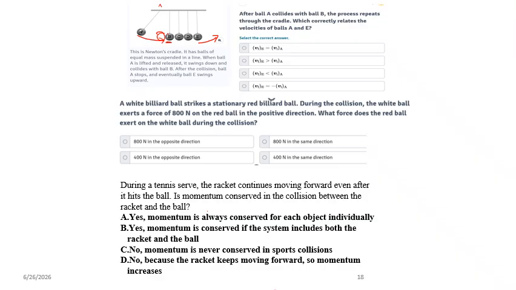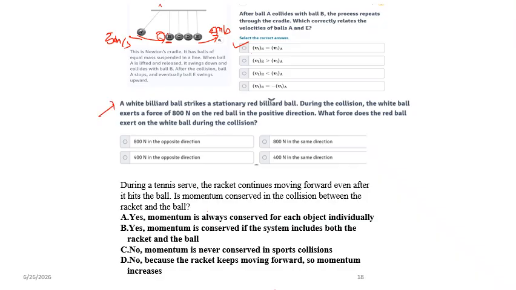Of course, they will be equal, right? The velocity of E will be exactly equal to the velocity of A. Of course, whatever velocity A comes with, if this is 5 meter per second, E will go with the same velocity, and this is what we call conservation of momentum. This also will be 5 meter per second. So the first option will be the correct answer.